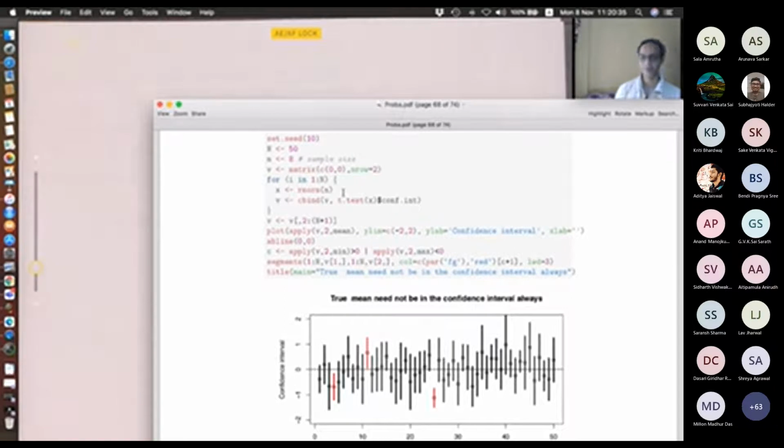The method I will explain. Based on some method, I am obtaining this estimated interval, which is supposed to contain or engulf the true parameter value, which is 0, within that interval. With this example of 50 simulations, you can see that all these black line intervals contain the true parameter value.